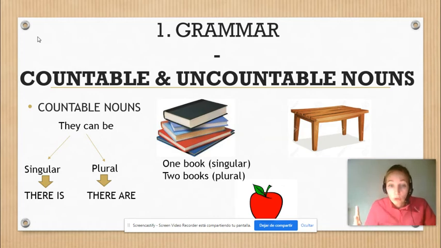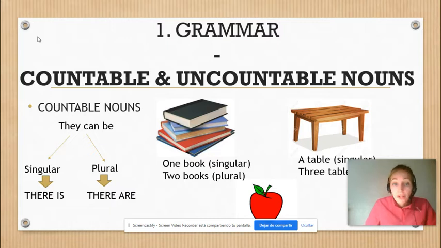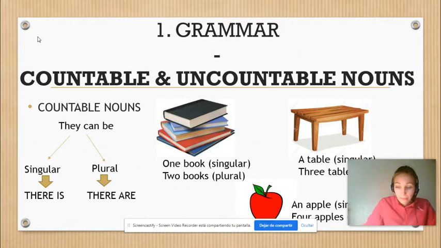Or there are two books, this is in plural. The same with table. We can say there is a table in singular, or there are three tables in plural. And the same with apples. There is an apple in singular, or there are, for instance, 4 apples in plural.